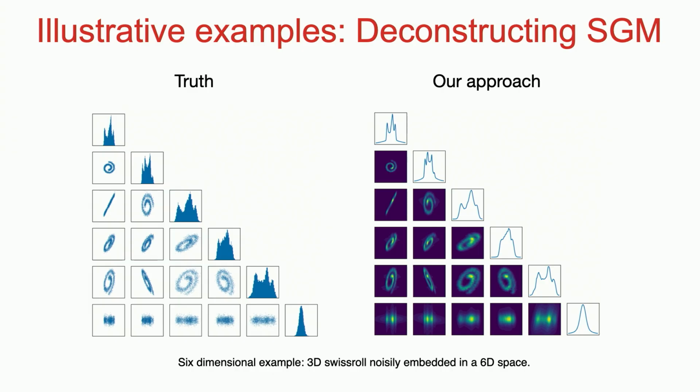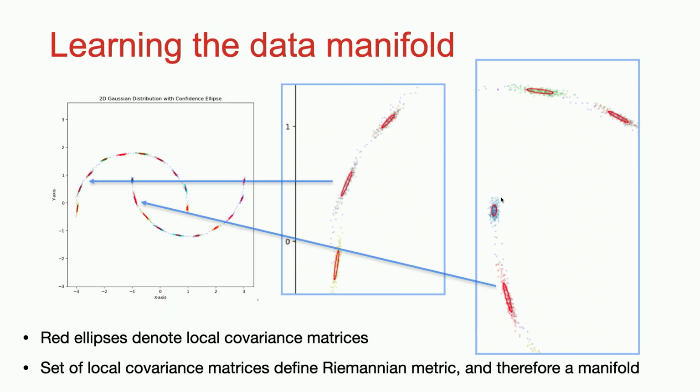And the other thing we're trying to zoom in on is for this two-dimensional data, we look at the local covariance matrix we learned, and we plot it as an ellipse, and we saw they're very nicely aligned with the data distributions we have.